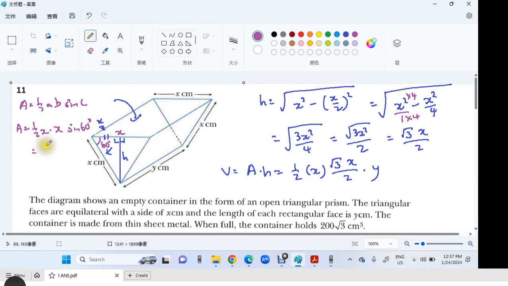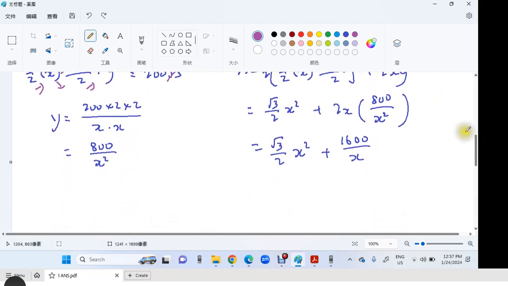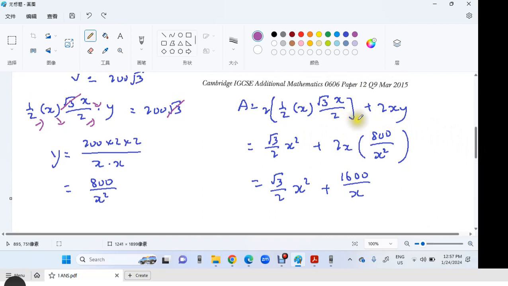Sine 60 is square root 3 over 2. So half x squared times square root 3 over 2 gives square root 3 over 4 x squared. Same with this one, square root 3 over 4 x squared. Then it will be easier.